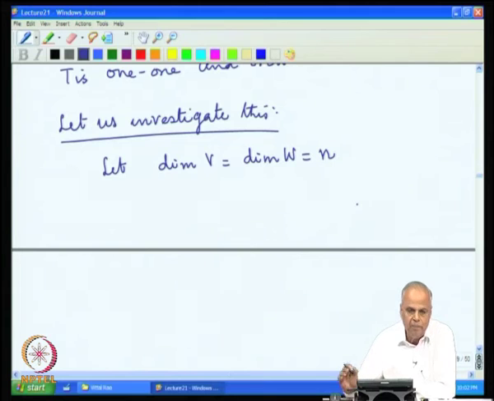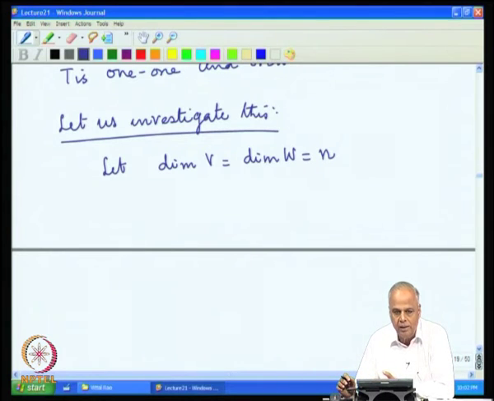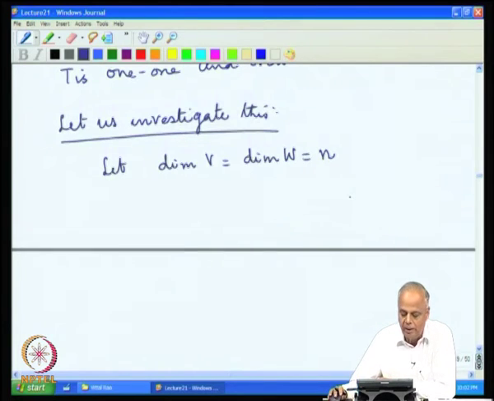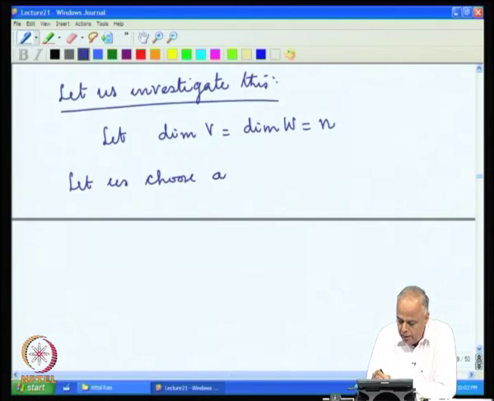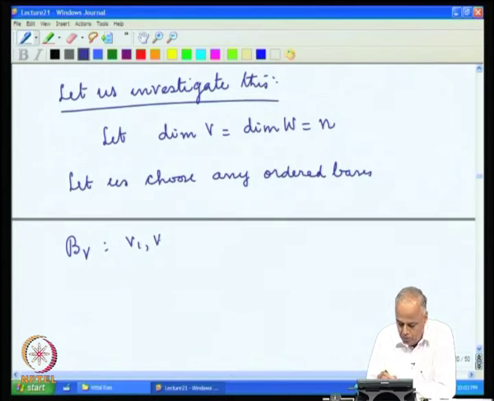Now, since V is a finite dimensional space and has dimension n, any ordered basis will have n linearly independent vectors. So, let us choose any ordered basis, let us call it BV, V1, V2, Vn for V.